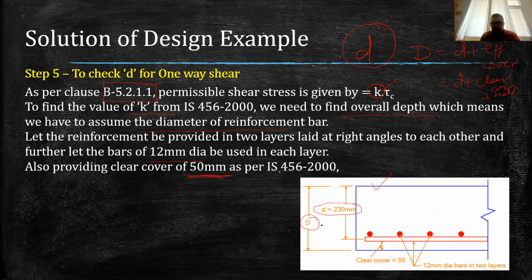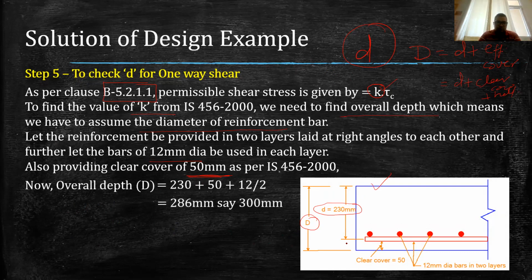So the overall depth can be calculated as 230 plus clear cover plus half of the dia of the bar, which becomes 286 mm. For a round figure, we can assume this depth as 300 mm, because even this depth is tentative and not finalized yet, so we can do some modification in the depth later. So 286 is rounded off to 300 mm, and ultimately our overall depth becomes 300 mm.